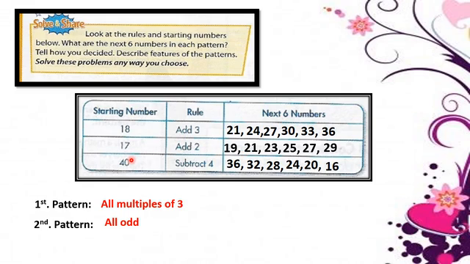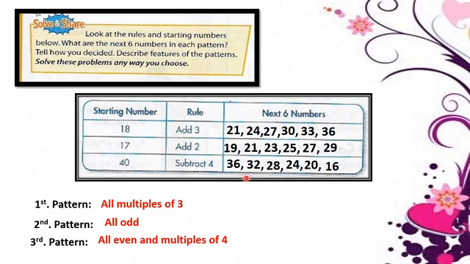Okay, now let's have the last number. Look at the next 6 numbers. What feature of the pattern can you make out from these numbers that is not given in the rule? Look at these numbers. So in the third pattern, we can say that all the numbers are even numbers and they are all multiples of 4.